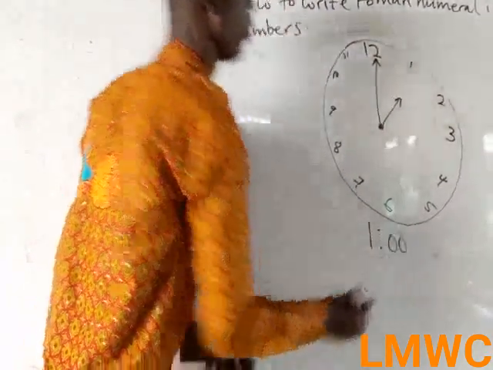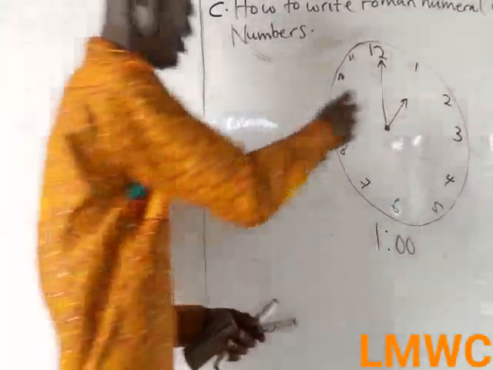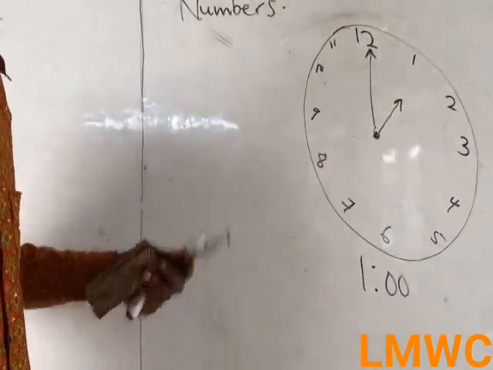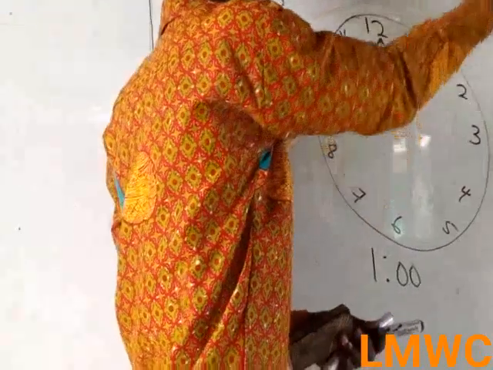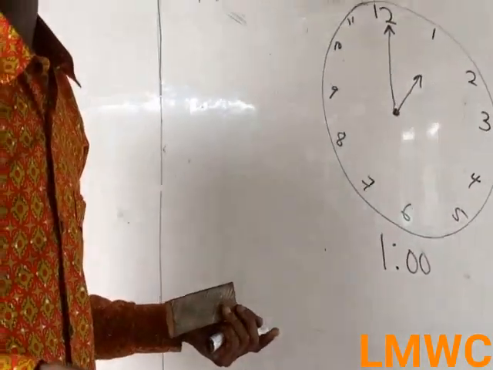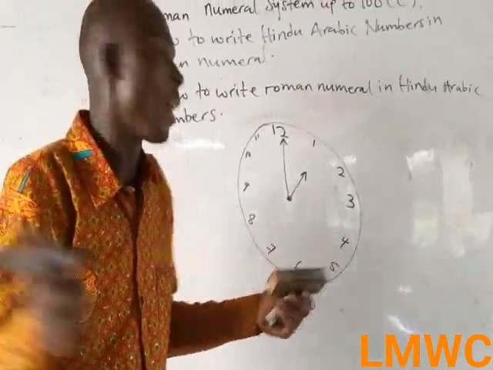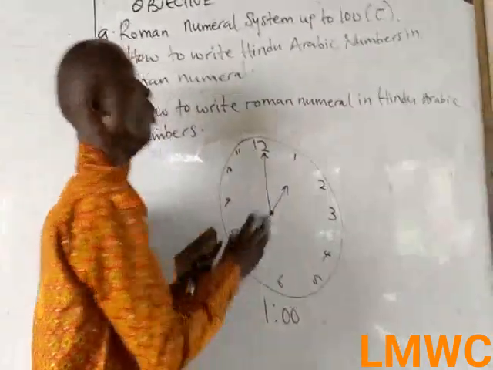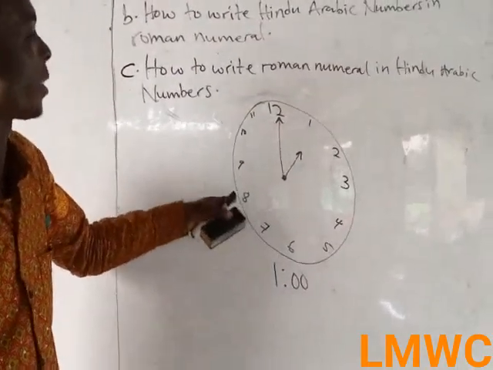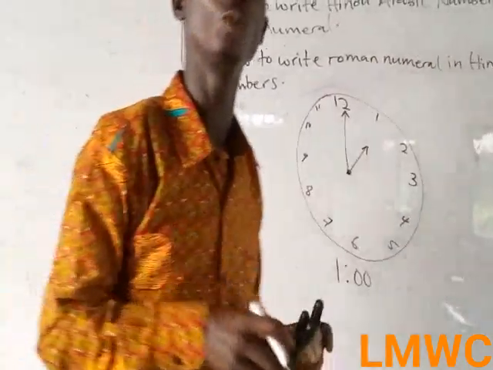But students normally find it difficult if a clock is being represented by Roman numerals. They don't know how to write 2 as a Roman numeral because this is a Hindu Arabic number. So students are not comfortable when their parents buy an analog clock with Roman numerals on it because they don't know the Roman numerals for 6, 7, 8, 9, 10, 11, 12, and this makes it difficult to read the time.